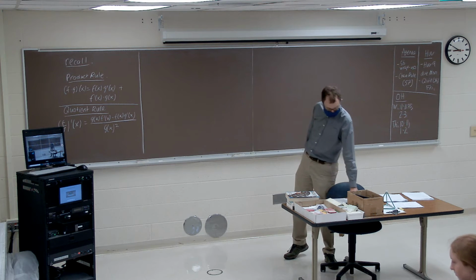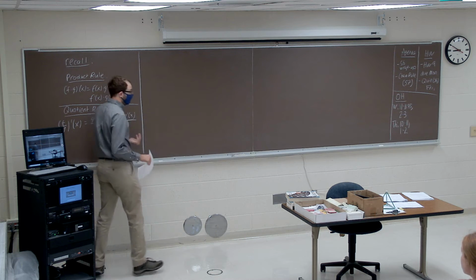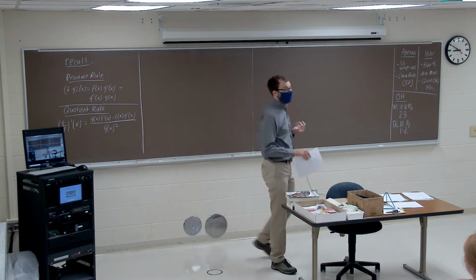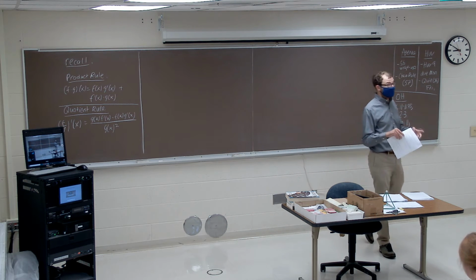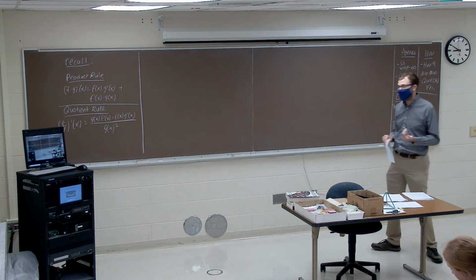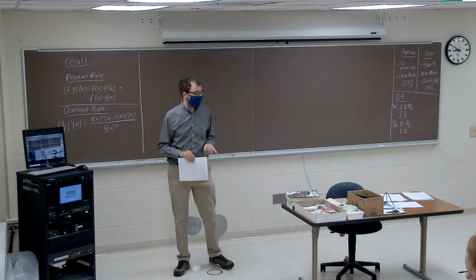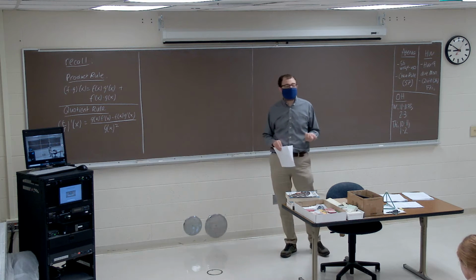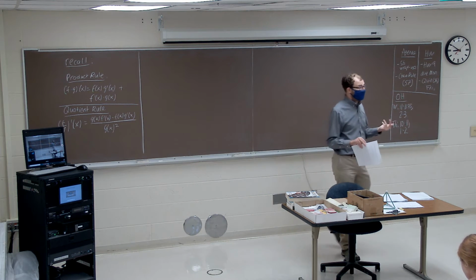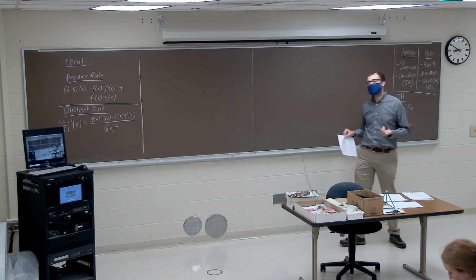Okay, so when we left off last class, we talked about the product and quotient rules for how to take derivatives of expressions that you get when you multiply two functions together or divide one function by the other. Unlike the sum and difference rules, which work the way you would hope, where the derivative of the sum is the sum of the derivatives, products and quotients aren't so nice.